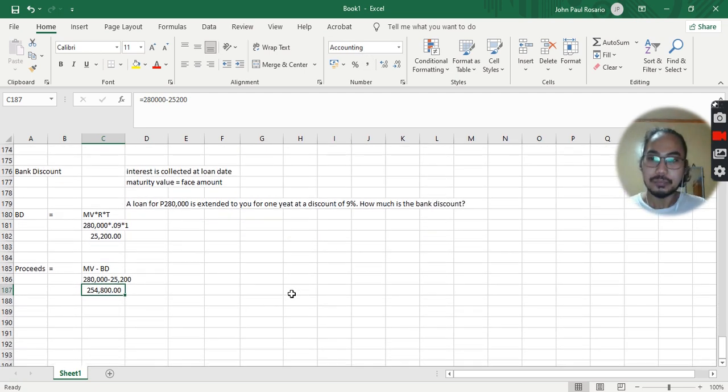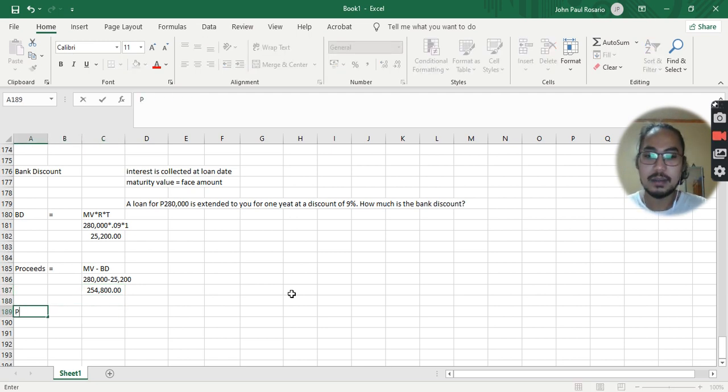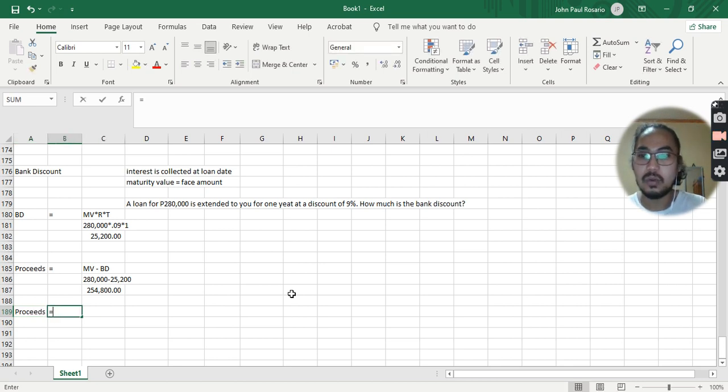Okay? And then, sir, is it the same as the maturity value for simple interest? Can we solve for the proceeds in a shortcut manner? Of course, you can. Okay, so proceeds is equal to MV minus BD.